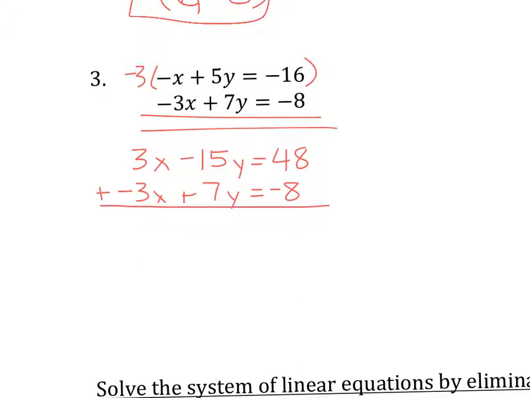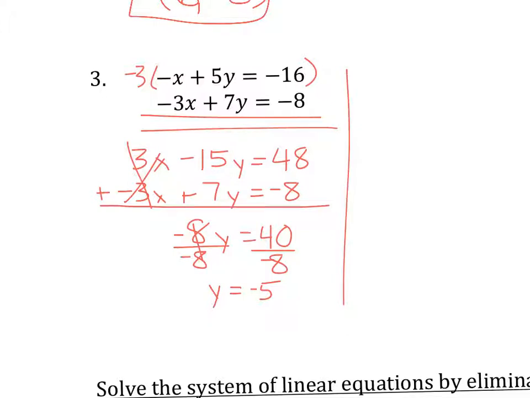The last problem had opposites already. This one did not, so we had to multiply to create opposites. So now 3x and negative 3x eliminate. Negative 15y and 7y makes negative 8y. 48 minus 8 is 40. Divide by negative 8. And we end up with y equals negative 5.